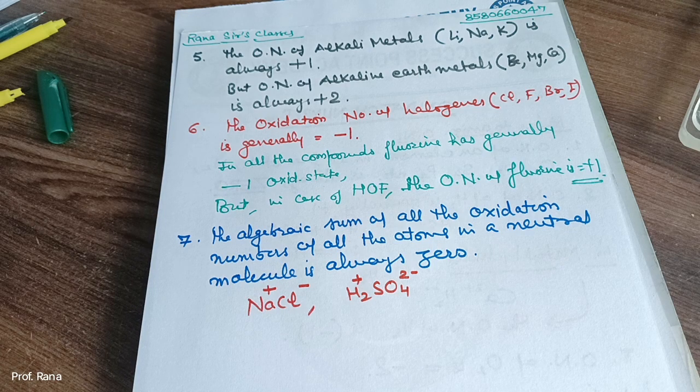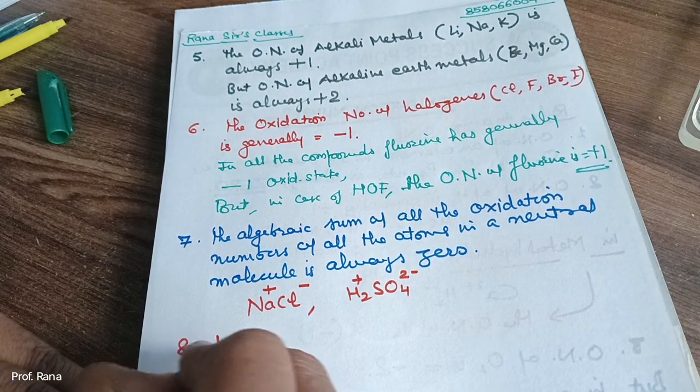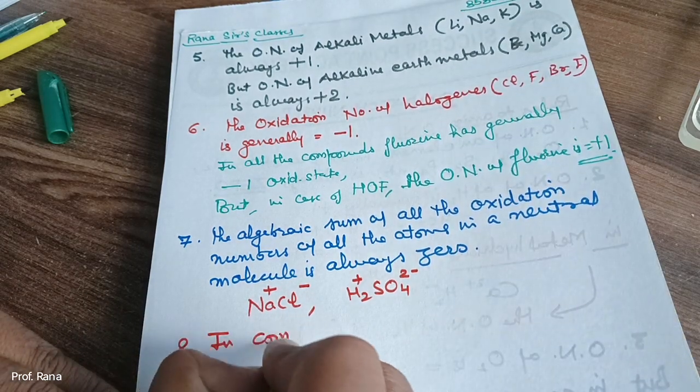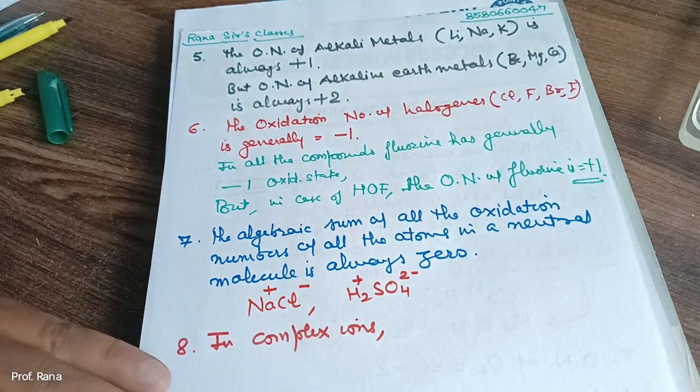Next is, the sum of oxidation numbers of all the atoms in an ion is equal to the charge on the ion. If we take the example of complex ions, complex compounds, you have studied.